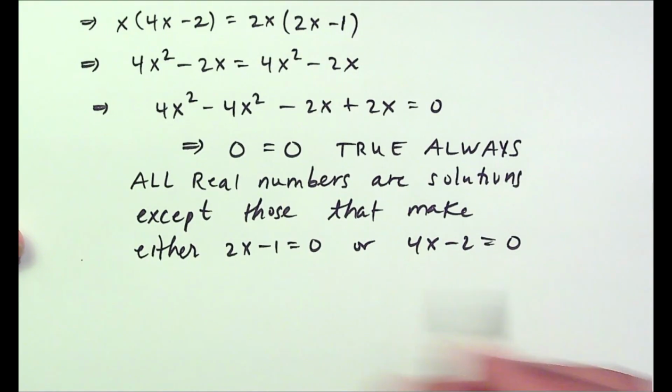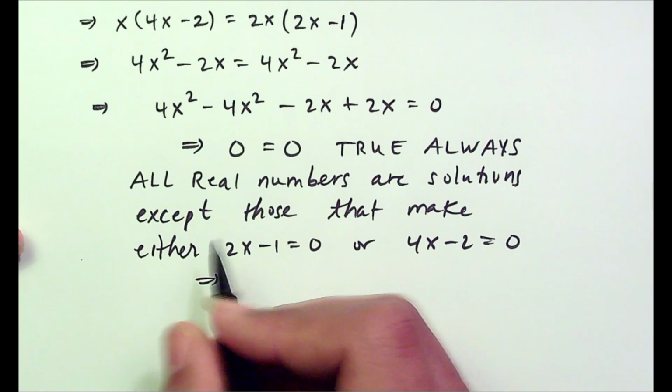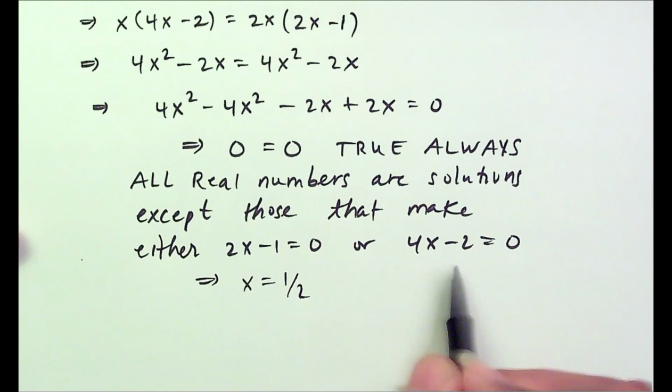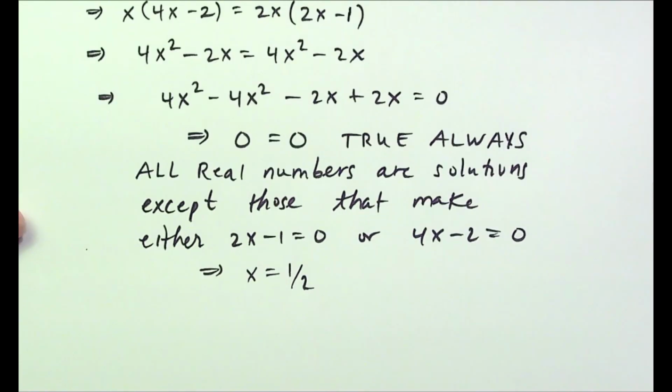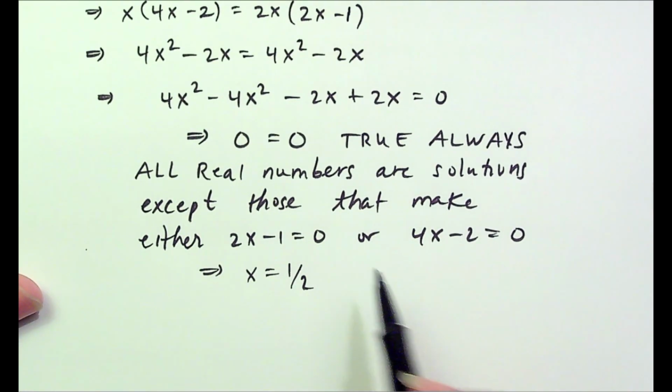But in this case, if you solve these two equations, you actually get the same thing. What do you get? You get that x equals a half. So if you solve this one, you get a half. If you solve that one, you get a half. So that means all real numbers except this one.